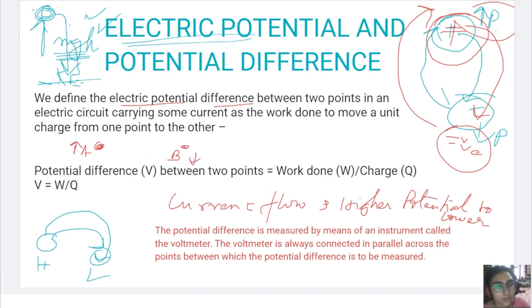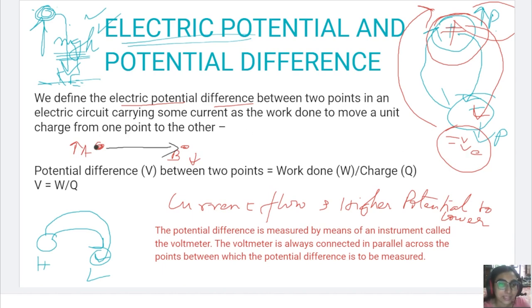Okay, so current will obviously flow from A to B, right? So why? Because there is a potential difference. There is a difference in potential, because if the potential of A and B would have been the same, then there would have been no flow of current. So flowing of current will always be due to a potential difference.